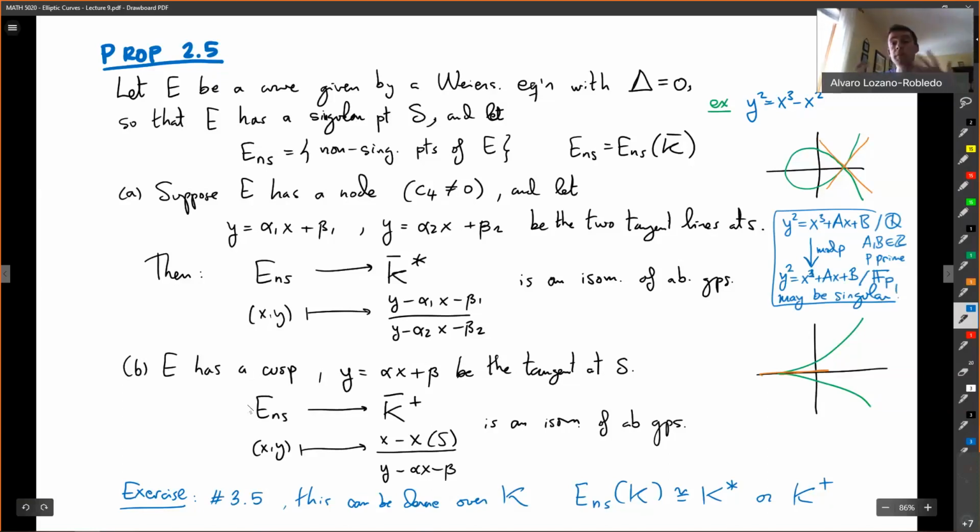Right? The discriminant of my elliptic curve over Q could have been, for example, 7. And if I reduce mod 5, 7 mod 5 is non-zero, and I get an elliptic curve over F5, say. But if I reduce modulo 7 and my discriminant is 7, then now my discriminant is 0 mod 7, and I get a curve that is singular mod 7.